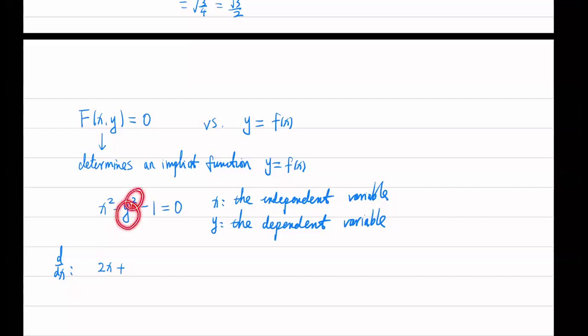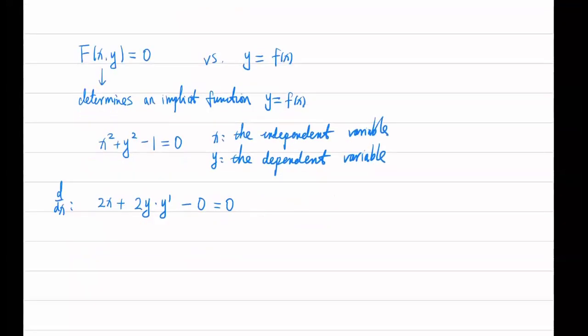What rule do you apply for the composition? Chain rule. Yes, chain rule. So the exterior function is the square of y, times the derivative of y. The derivative of the constant 1 is 0. So this is our first implicit differentiation.